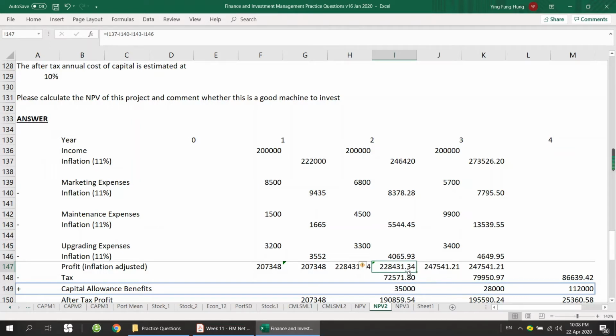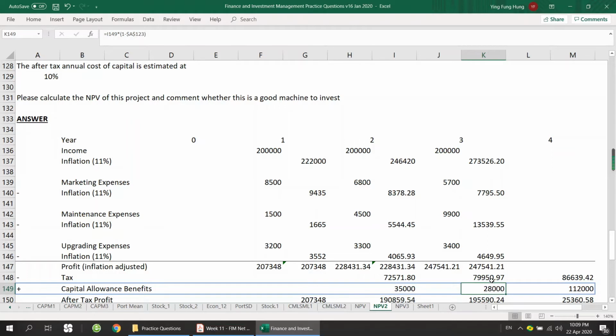The tax that we have to pay is going to be 35% of this 228.43134 thousand. In this case, the tax will be around 79.95097 thousand.